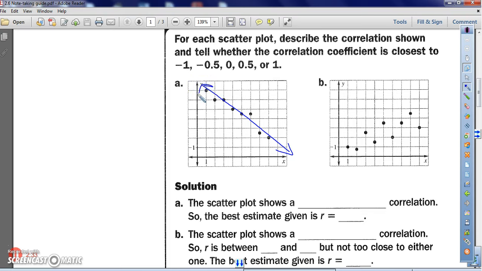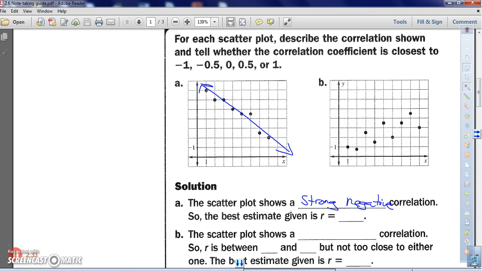So I would say that this scatter plot shows a negative correlation. Since those points are pretty close to that line, and none of those points are very far away, I would say that's a fairly strong negative correlation. So the closer the points are to the line, the stronger it is.